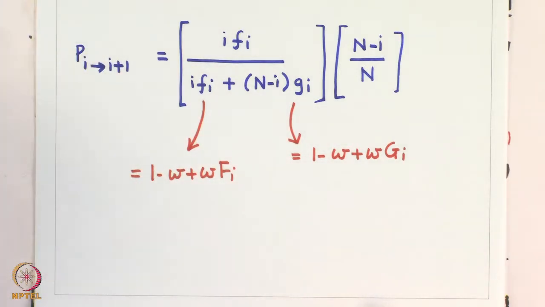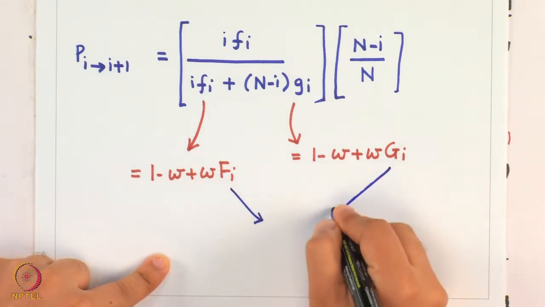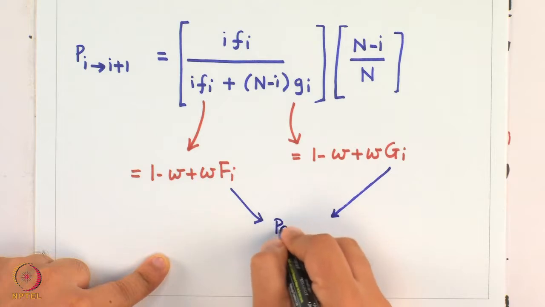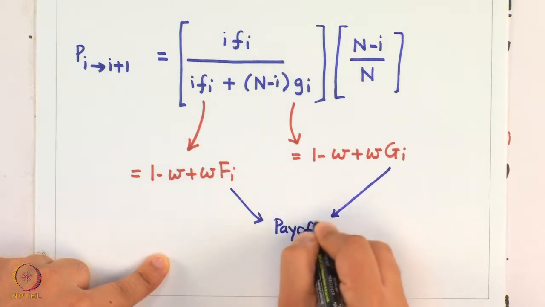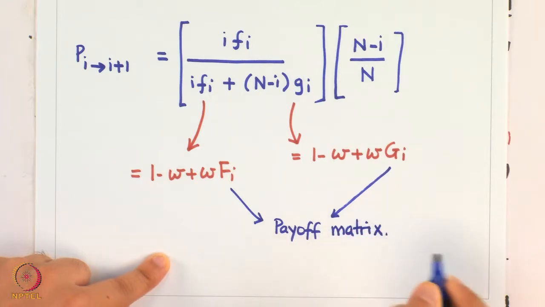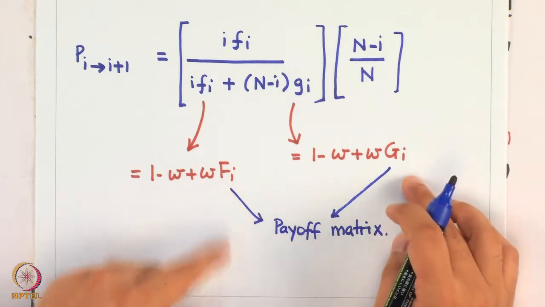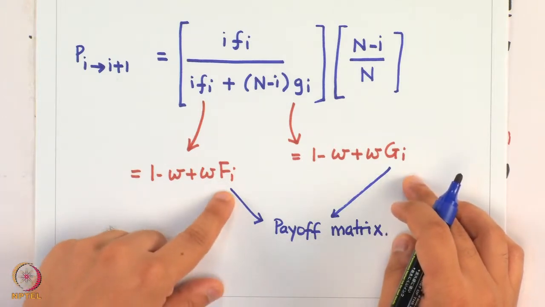So, we know that f_i and g_i come from the payoff matrix, and we have already seen that F and G are functions of n.